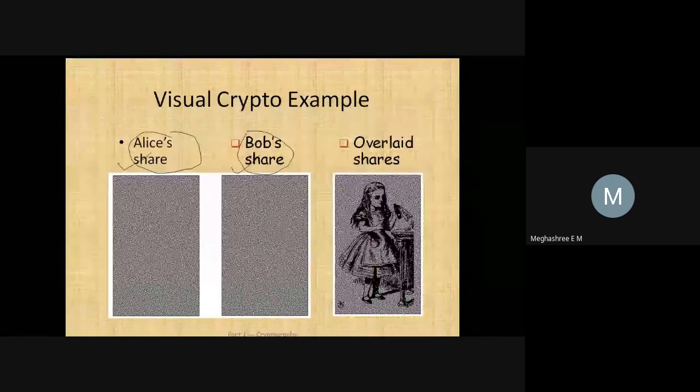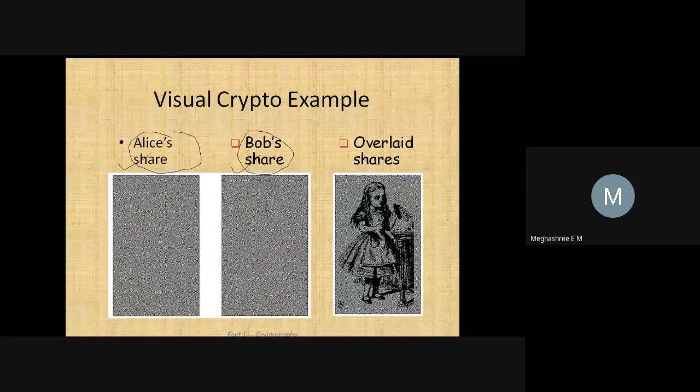You can see a girl here, right? You will get this only when you merge these two. In this way, visual cryptography was used to share information in the initial days, apart from the other encryption and decryption techniques we have studied so far. This is one example under visual cryptography.